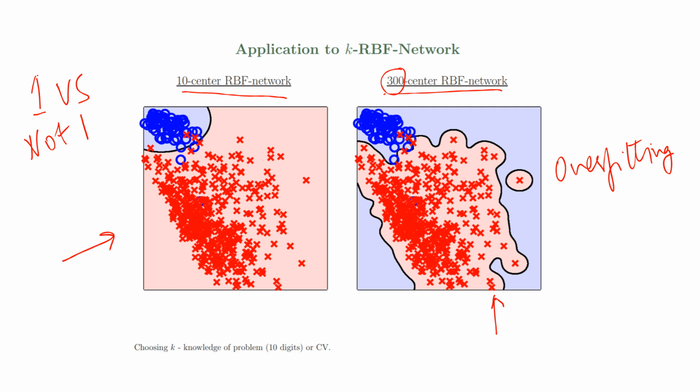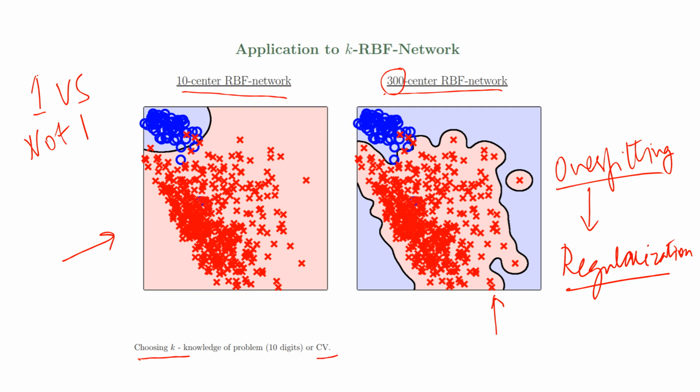Let us assume we want to continue with the flexibility of the 300 center RBF network. One way to deal with that is to go for regularization. And as I said, the way we've solved it is linear regression for classification, so regularization is easier to incorporate. Or we can use some knowledge of the problem. We know that there are 10 digits, so maybe 10 centers works well, or use cross validation.